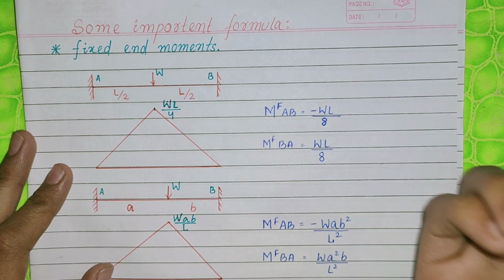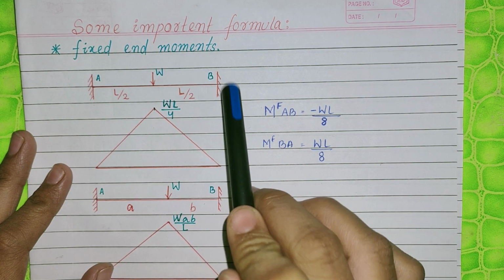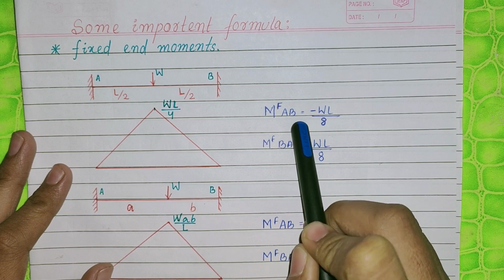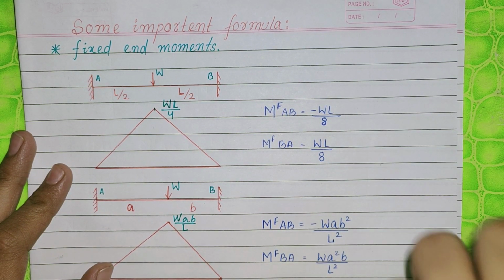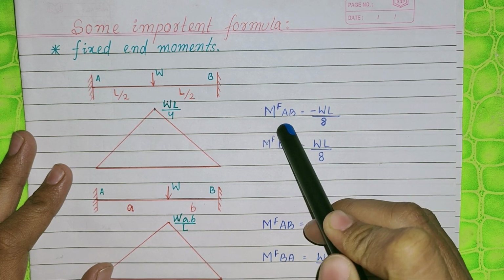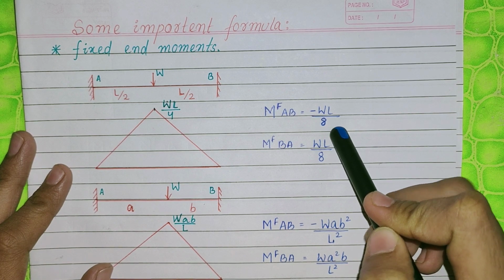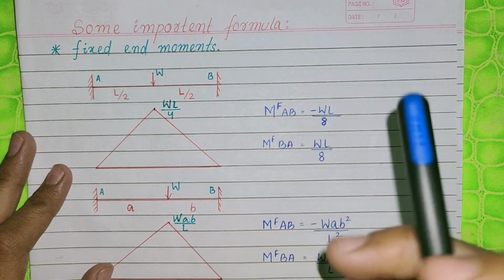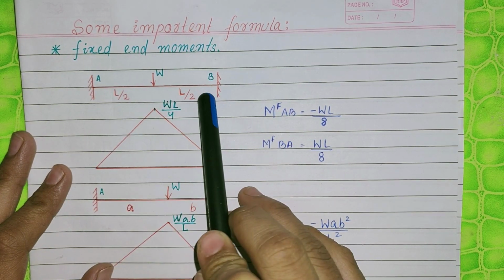But if you have to calculate the fixed end moment about AB, then the formula is MFAB = −WL/8.